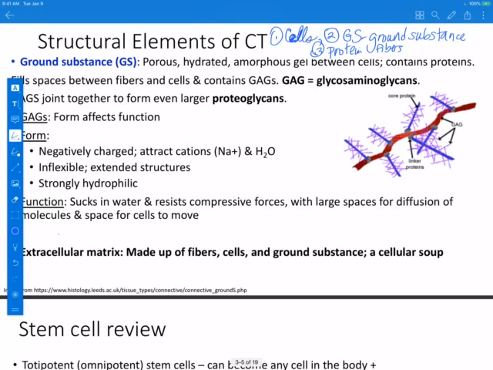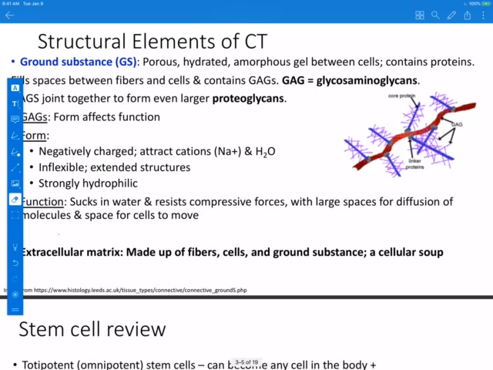And so the ground substance basically fills the spaces between the fibers and the cells, and it contains glycosaminoglycans, known as GAGs. If you look at the image on the right, you can see the glycosaminoglycans.